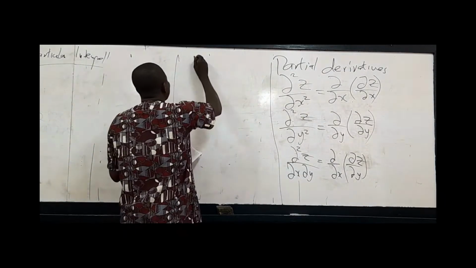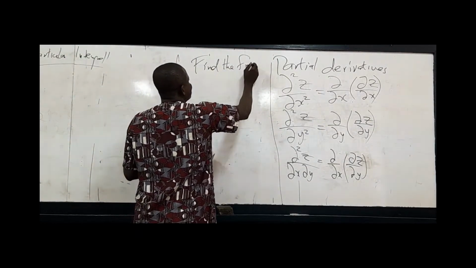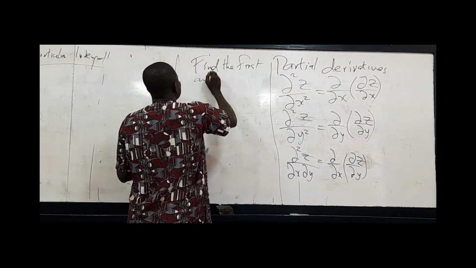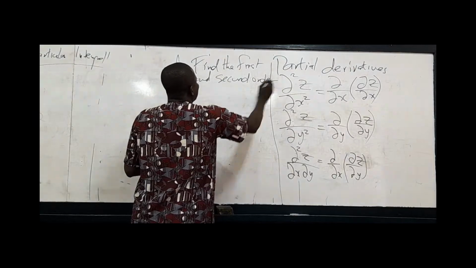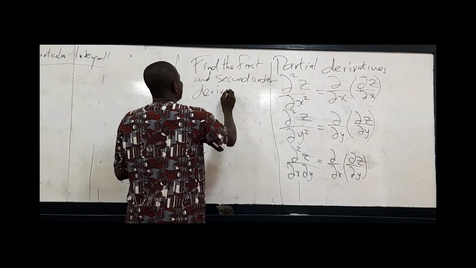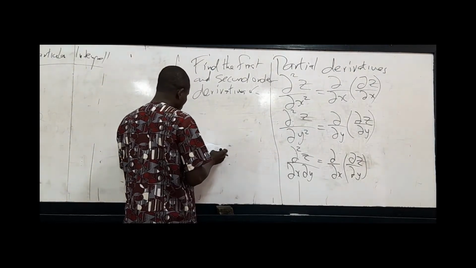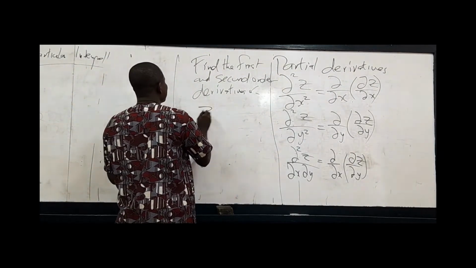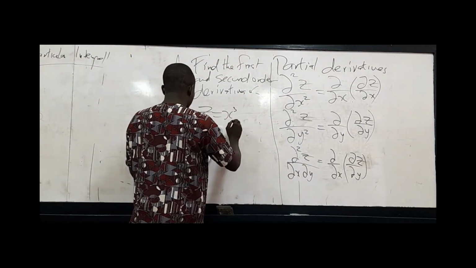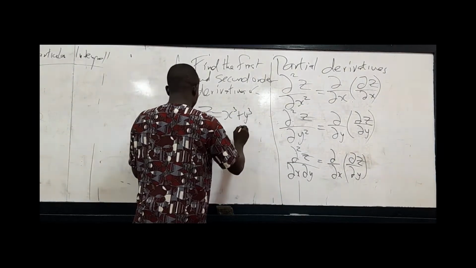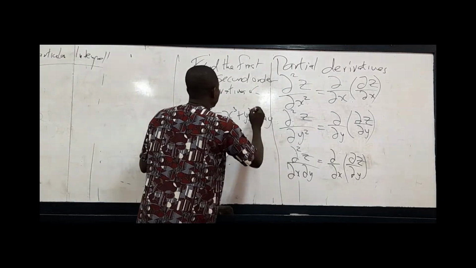He said find out the first and second order derivatives of z is equal to x cubed plus y cubed minus 3ay.